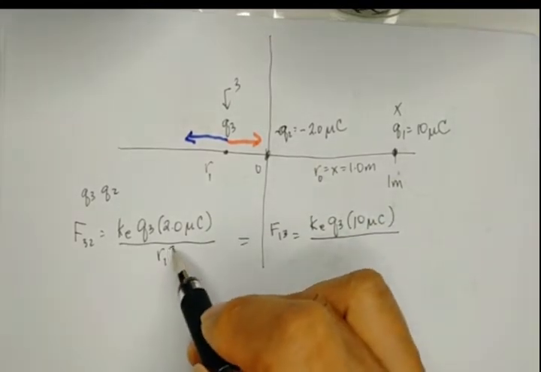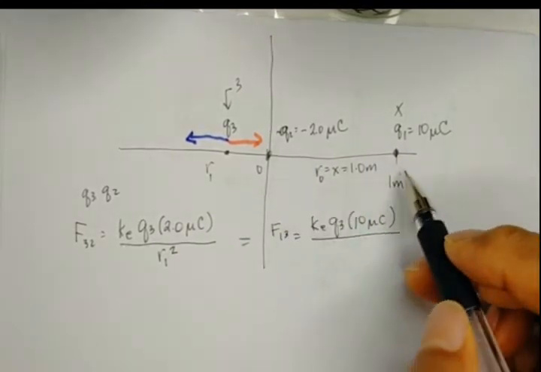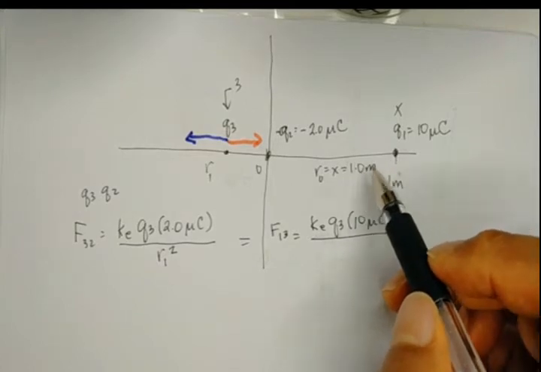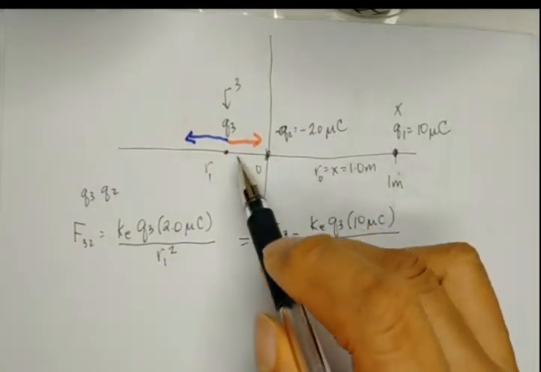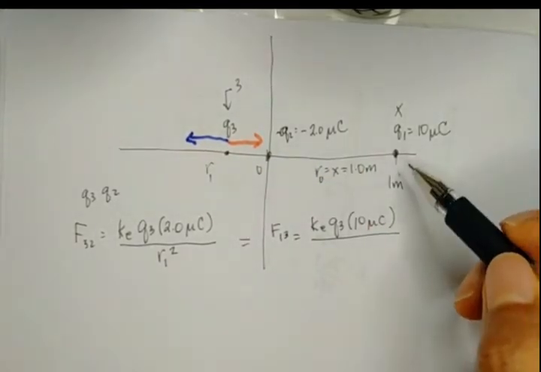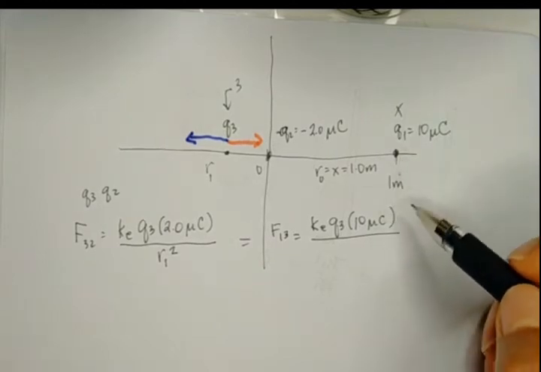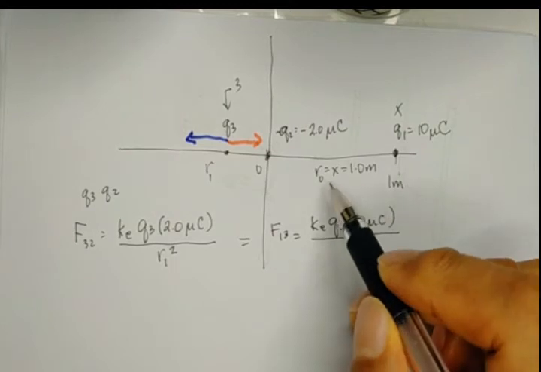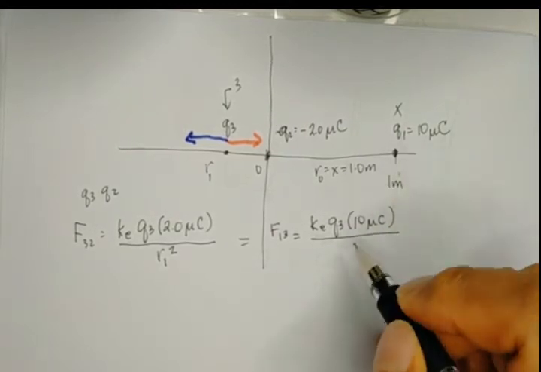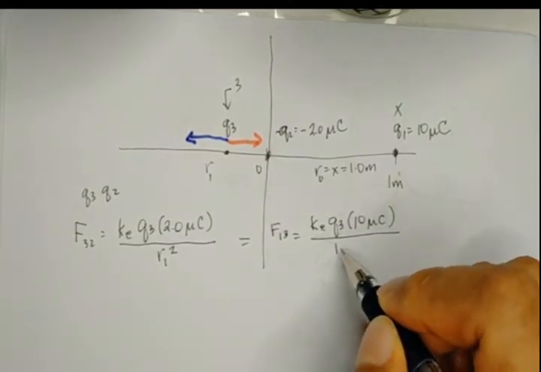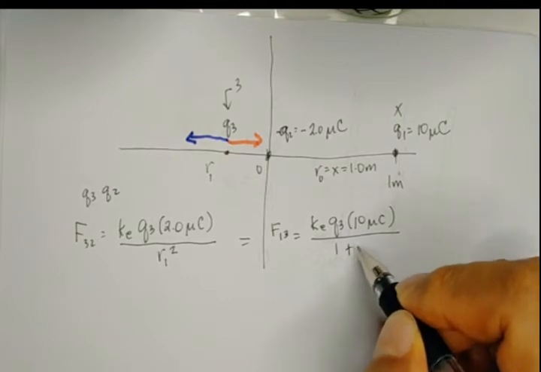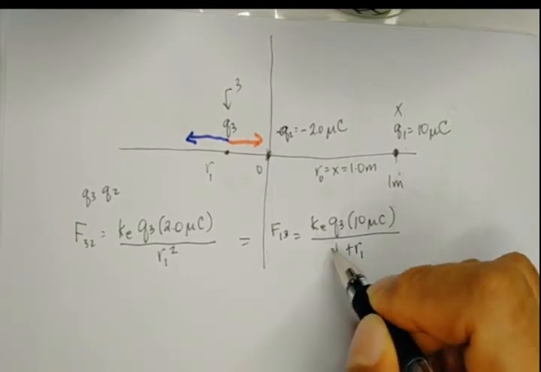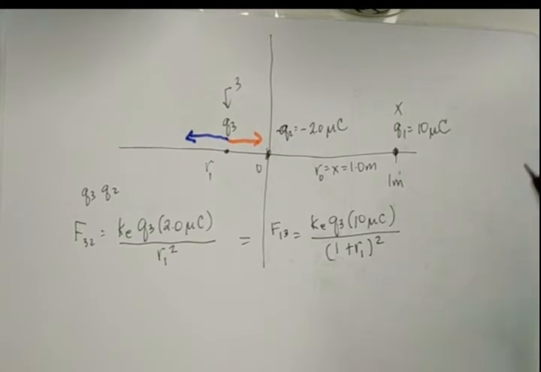All over, squared pala yan, no? This one naman, hindi siya, no? So, this distance has to be either X plus R, no? Yung distance niya would be X plus R. The X, which is 1 meter naman anyway. So, let's say, write 1 plus R1 quantity squared.